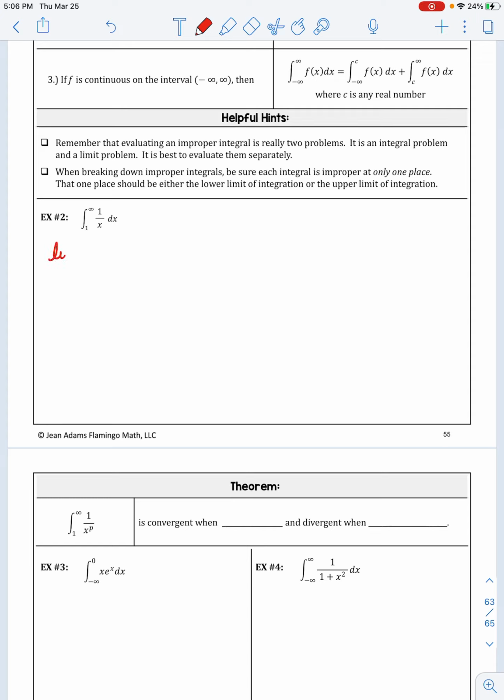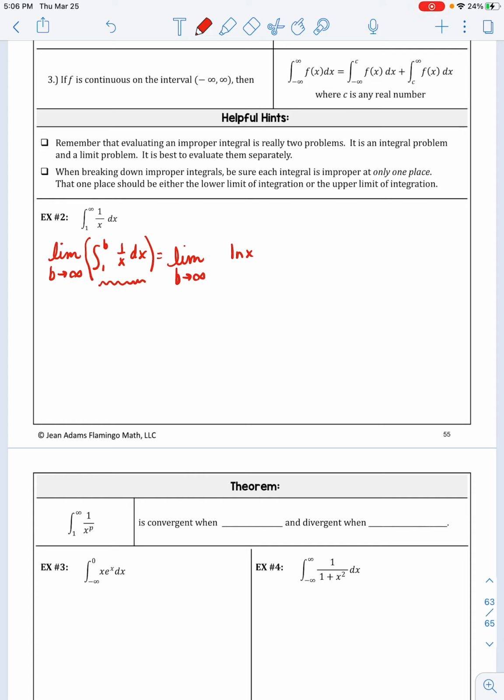I know that I can't take it to infinity, so what I'm going to do is take the integral from 1 to b of 1 over x dx, but then take my limit as b goes to infinity. I'm going to work on this integral first, then I will take the limit. But you still have to keep writing your limit. It's going to be on the outside, and you don't have to worry about it just yet.